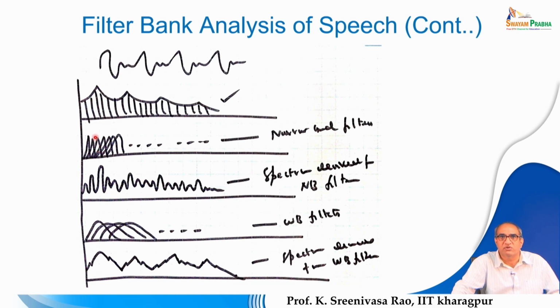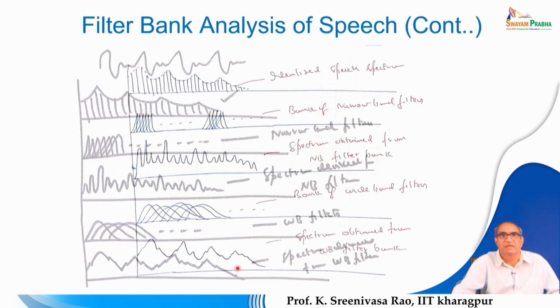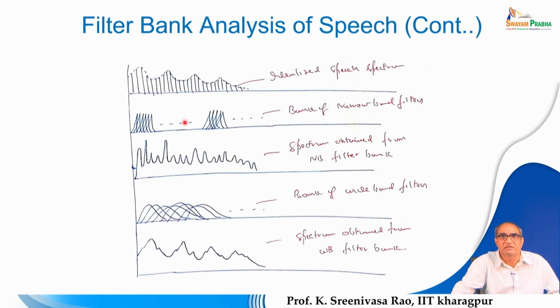So, based on the requirement you can use either a narrowband or a wideband filter bank, so that we can analyze the frequency content present in the signal. The same thing I just mentioned is shown here; the previous plot and this plot are the same, but here I plotted the diagram slightly more neatly.